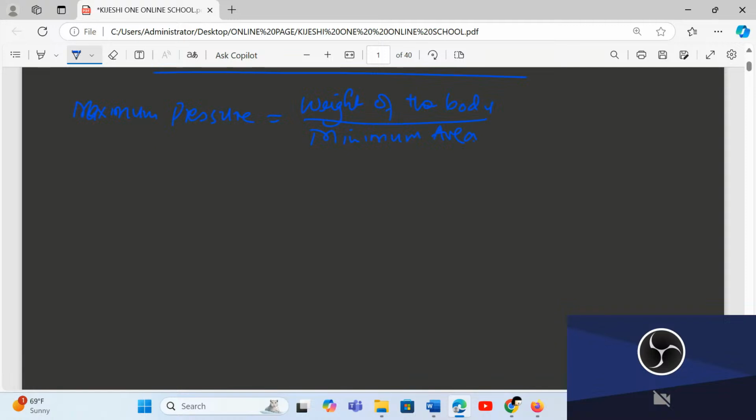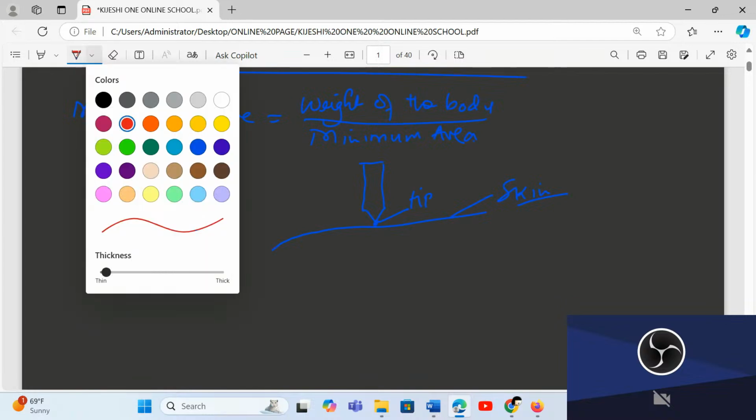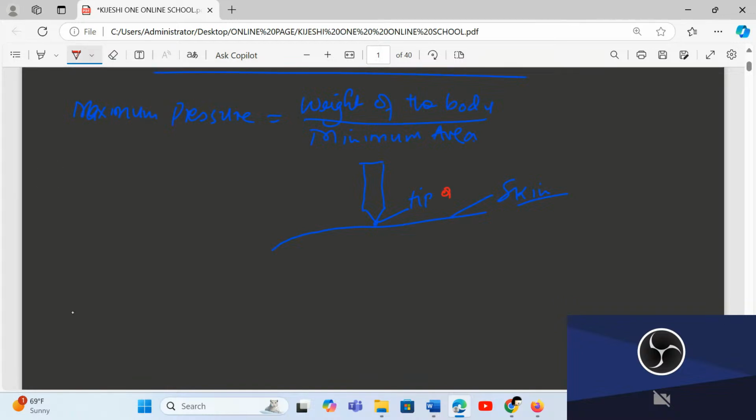You'll find that you are going to experience very high pressure. Suppose this is your skin, and now you are pressing the tip of your pen. This is the tip of a pen.